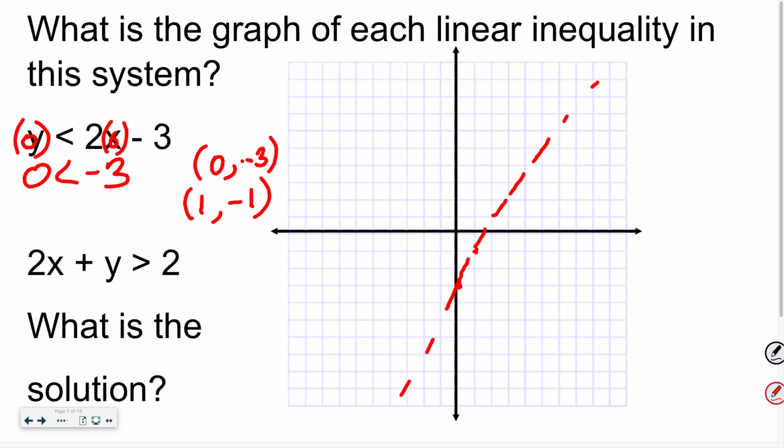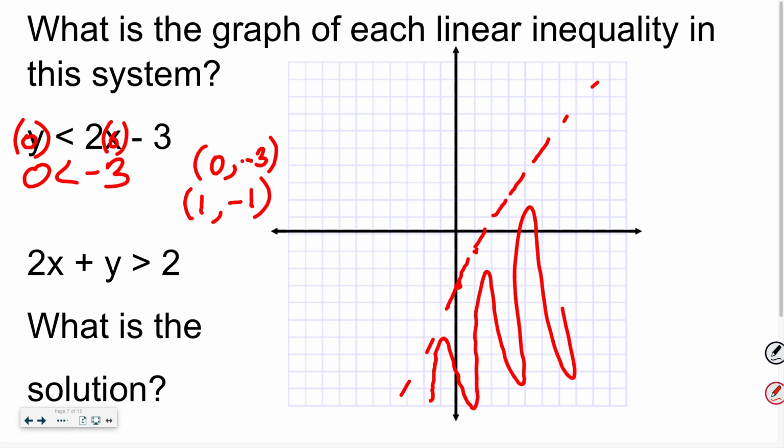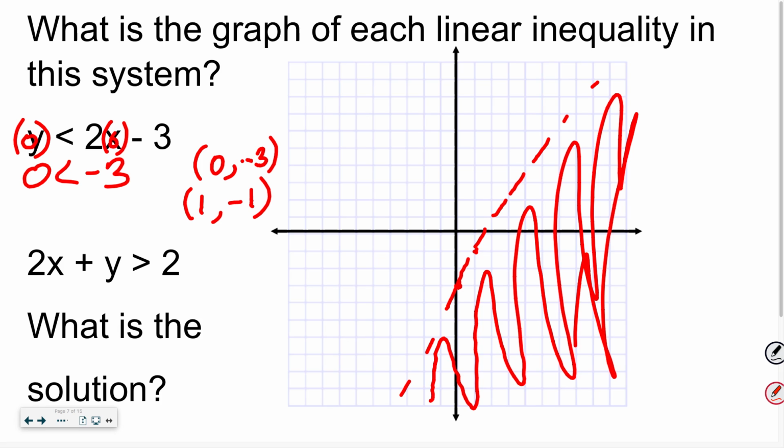So what would the solution be? The other side. If we shaded this whole area in, we know none of the points on this side of the line are going to work, because we tried this one and it didn't work. So we know that it has to be this side. That line is your boundary.